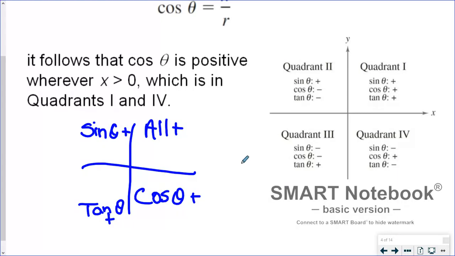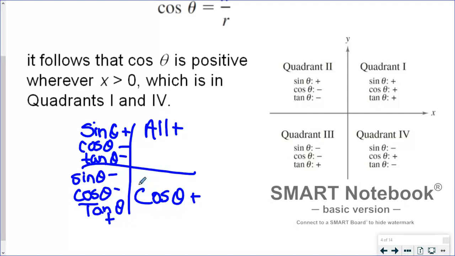I think that's the easiest way to do it. And then, of course, if it's not positive, it's negative. So where sine is positive, we know cosine and tangent would be negative. Where tangent is positive, we know sine and cosine would be negative.